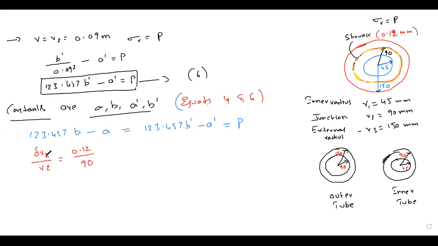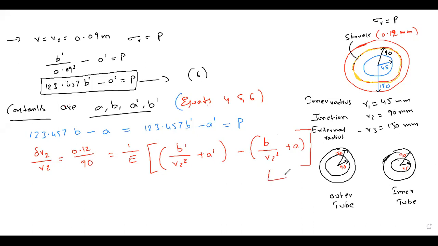That is the differential radius at the junction, 0.12 by the original radius 90. This can be written as 1 by E of B dash by R2 square plus A dash minus B by R2 square plus A. Understand? This is your other equation, equation number 7.